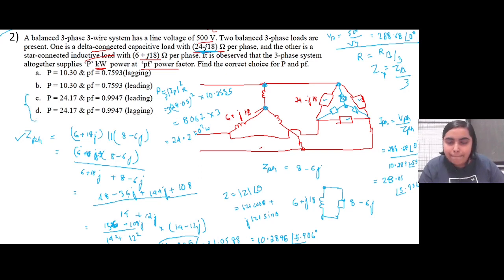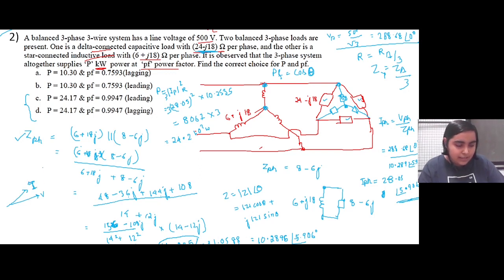Now what is the power factor? It is cos of the angle between voltage and current. So here the angle that is coming up is 5.96. Here this is the I phase, right? So the current has a positive angle, that is 5.96, and voltage is 0. So if this is the voltage vector, the current is leading the voltage.